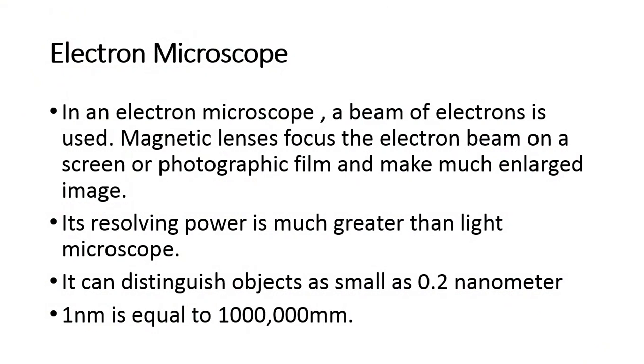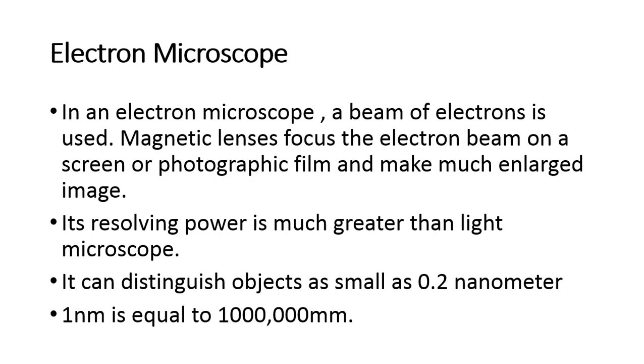The limitation of light microscope is that it can show you the shape of an organism, but it cannot show you the internal structure. Means to say that you can see a cell with it, but you cannot see what is inside that cell. So that's why we need electron microscope.